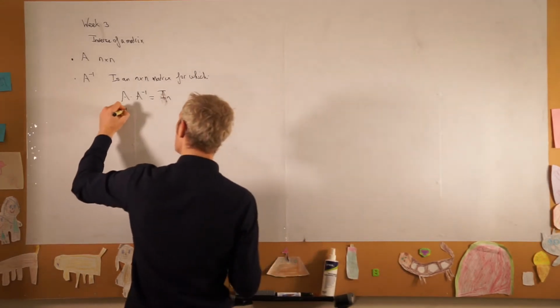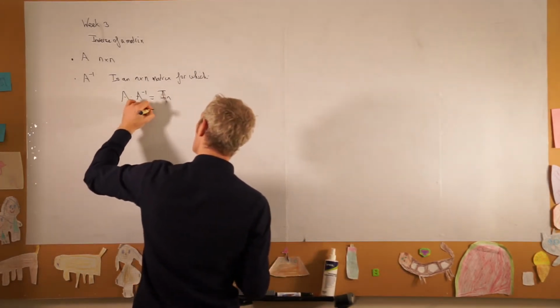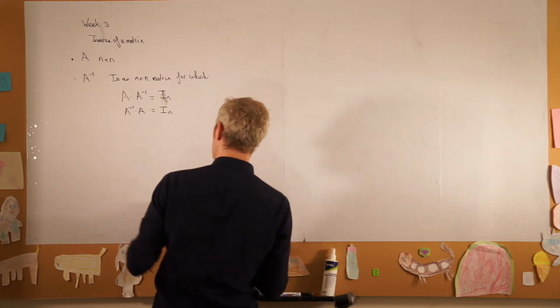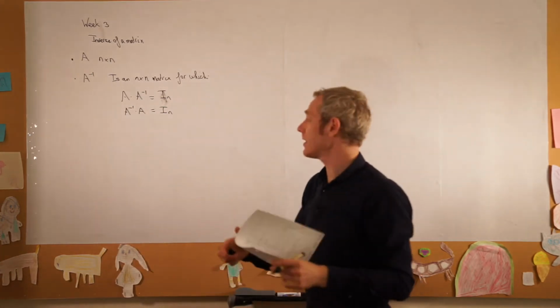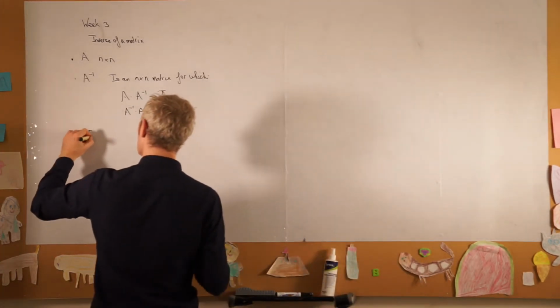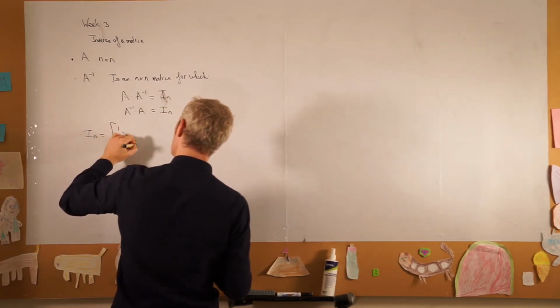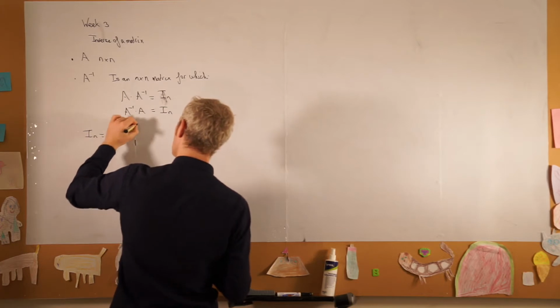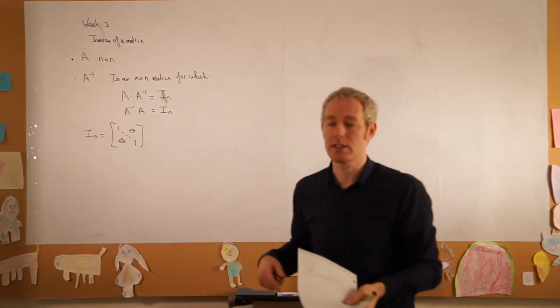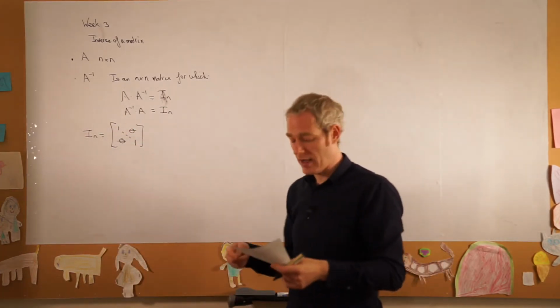And of course, A inverse times A will also yield the n by n identity matrix. Remember that the identity matrix is a matrix with 1 on the diagonals and 0 everywhere else.